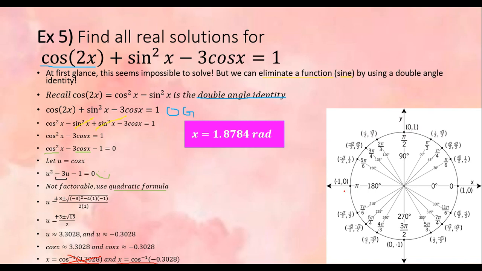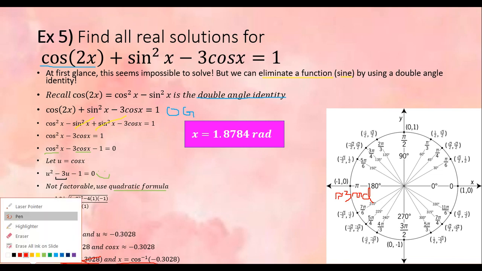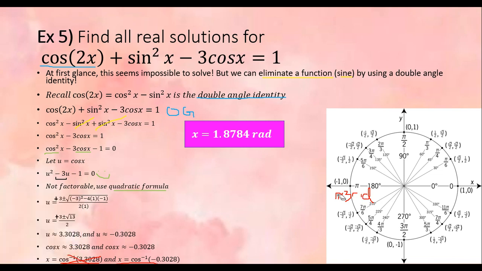So pi is about 3 radians. That's how I always think about it. And if pi is about 3 radians, then I know the entire unit circle is a little bit more than 6 radians, which is actually accurate.